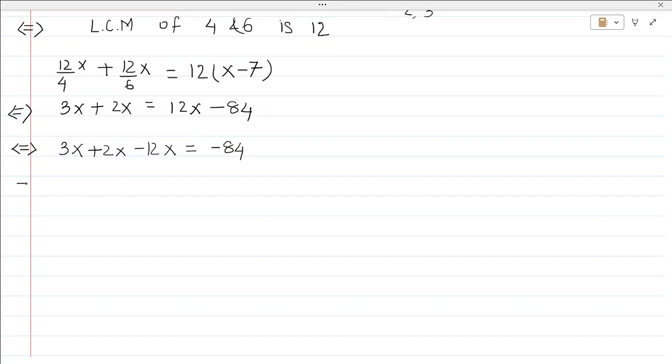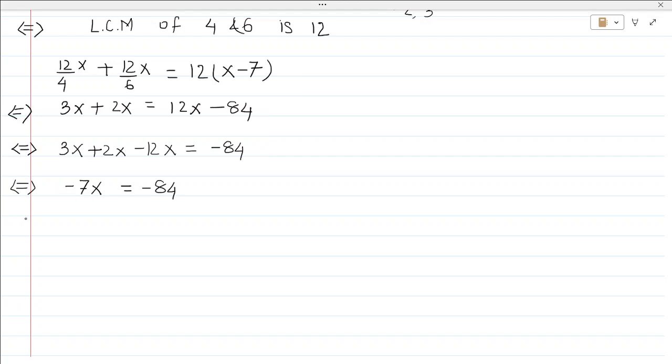Correct. So here the sum 3 plus 2 is 5x. So on solving this we get minus 7x is equal to minus of 84.